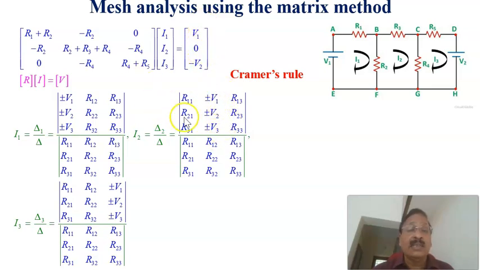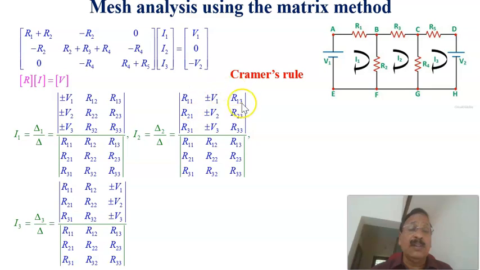Here, as we have seen previously, I'll be replacing with V1, 0, V2, and I'll explain later. In this case, the second column is replaced by the voltage column vector, that is plus or minus V1, plus or minus V2, plus or minus V3. However, in this particular circuit, the first element is V1, the second element is 0, and the third element is minus V2.